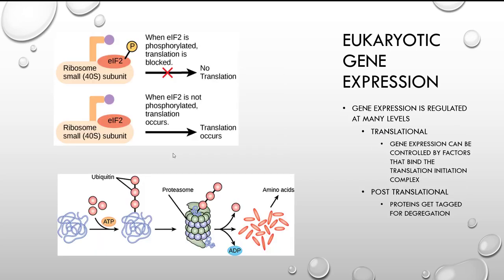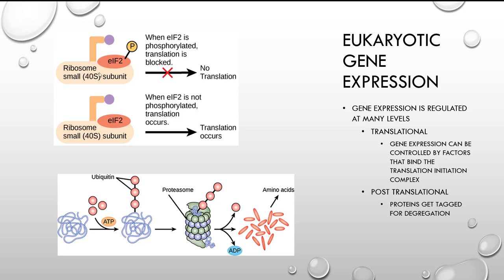And then we have finally the translational and post-translational levels of gene expression. At the translational level, gene expression can be controlled by factors that bind to the translational initiation complex. Remember, this is kind of a weird diagram. I got this from another OpenStax biology textbook.